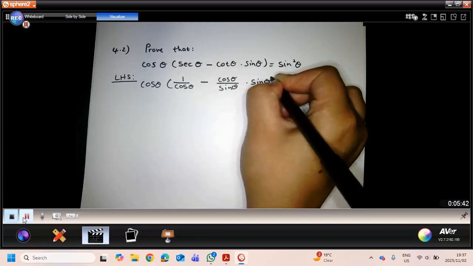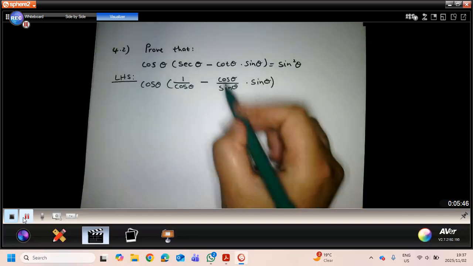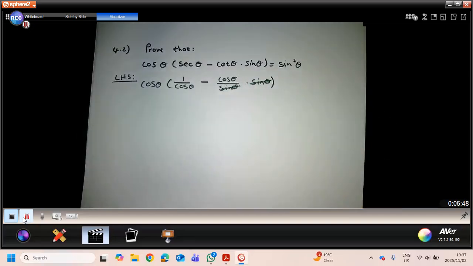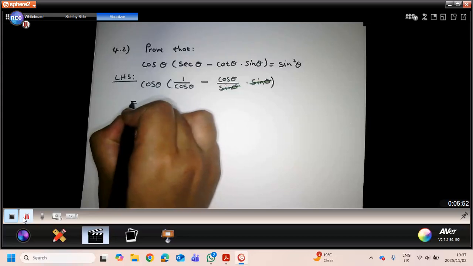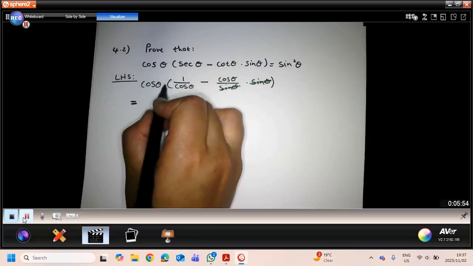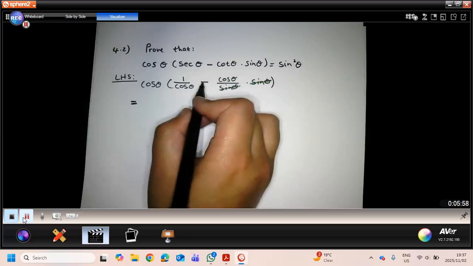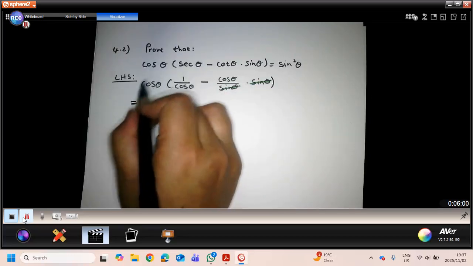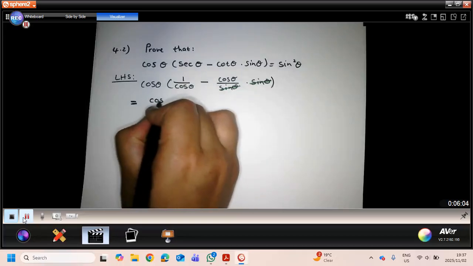So let's do that. Now, like I said, we can cancel because it gives us 1, multiplicative inverse there. Then we can multiply cos inside the bracket, right? So we will have cos theta multiplied by 1 over cos, which will give us cos theta.